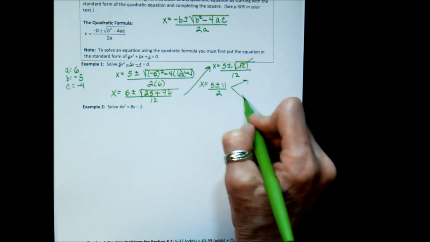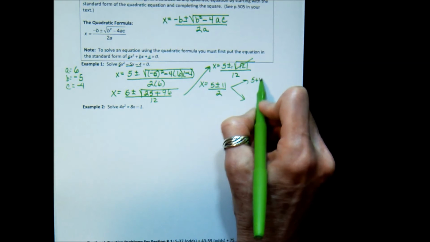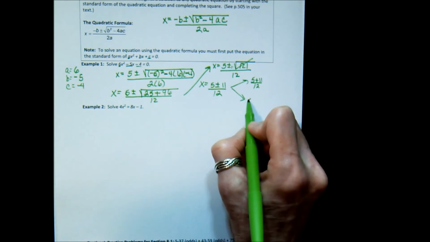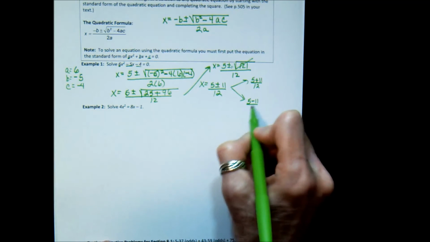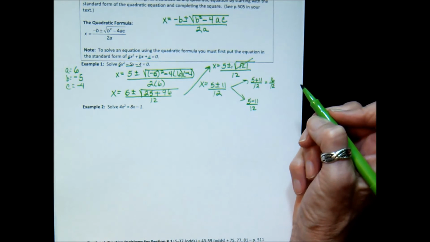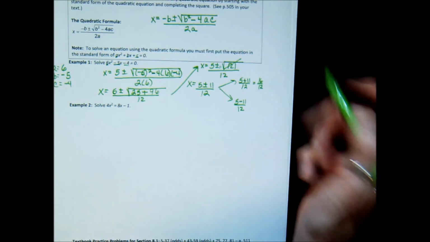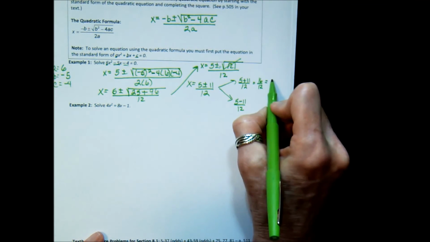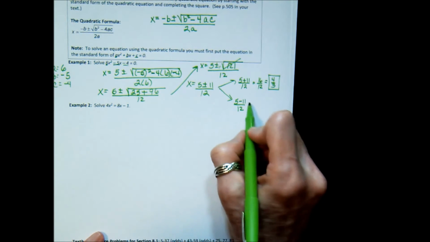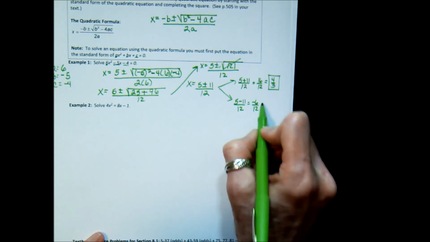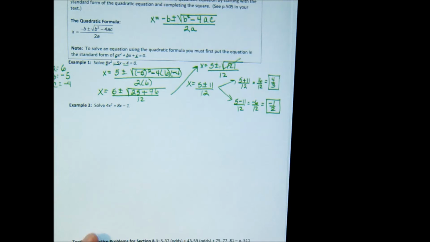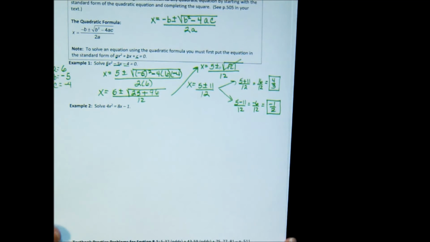Now we're going to split it. 5 plus 11 over 12, and 5 minus 11 over 12. This is 16 over 12. Simplifying that fraction by dividing by 4 gives you 4/3 as your first x. Here I have negative 6 over 12. Simplifying gives me negative 1/2. That is the quadratic equation.